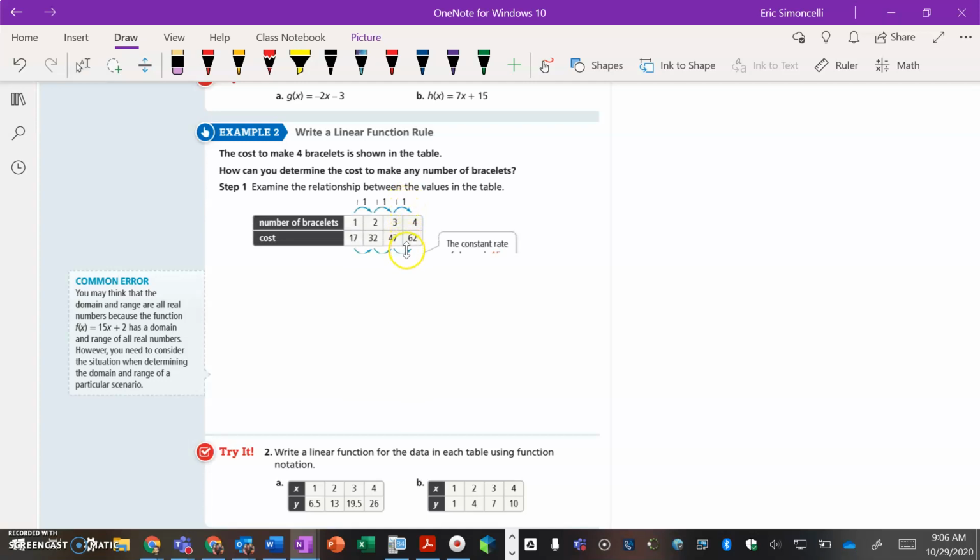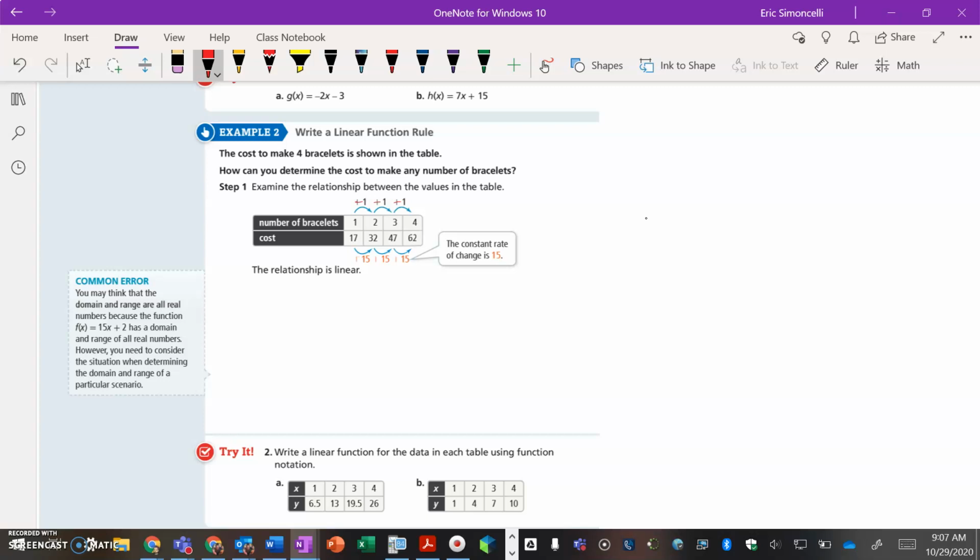You can see here that we've got some things to designate, particularly your x's, the number of bracelets, versus y, the cost. So 1, 2, 3, 4, and as these x values increase by 1, what happens to your y's? Well, the y's increase.